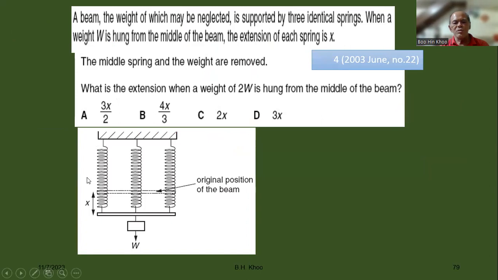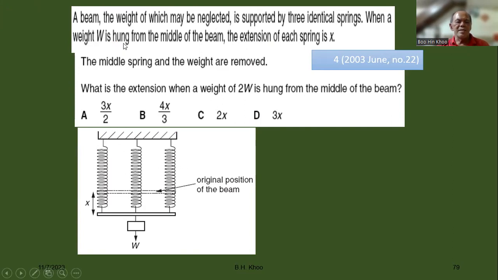Okay, that is 2003 June paper 22. A beam, the weight of which may be neglected. That's the beam. Don't worry about the weight of the beam. It is supported by three springs. There's your three springs.